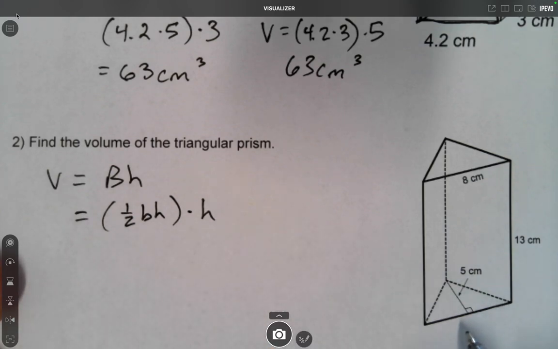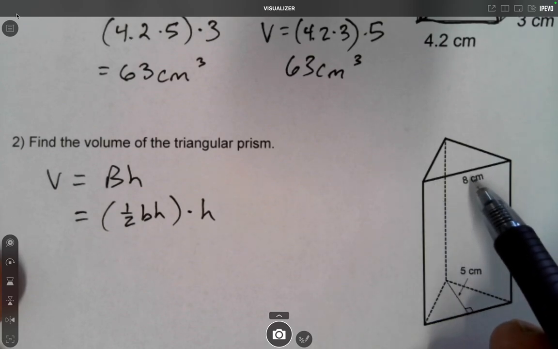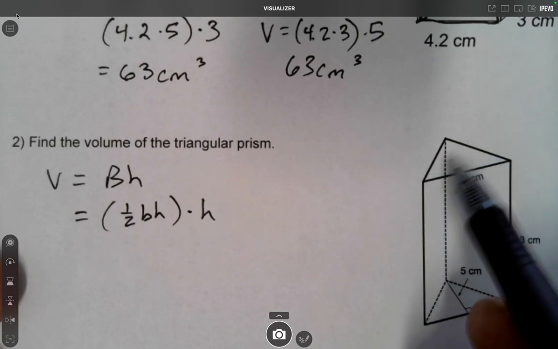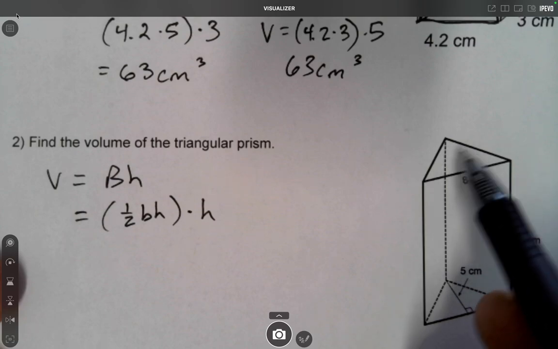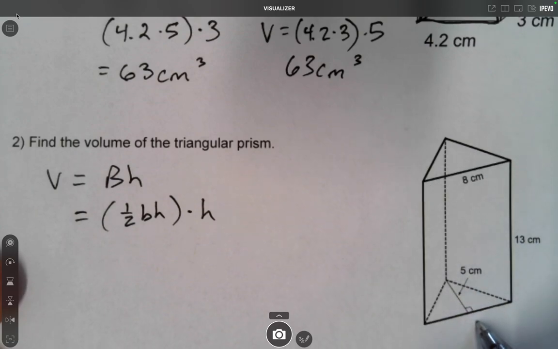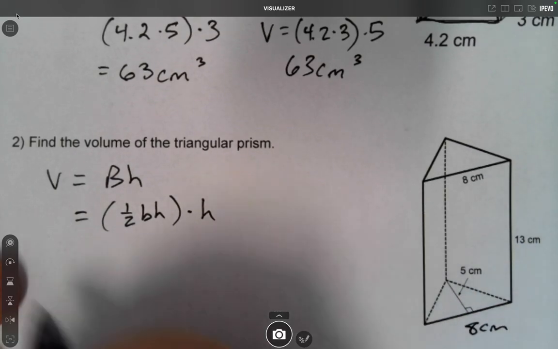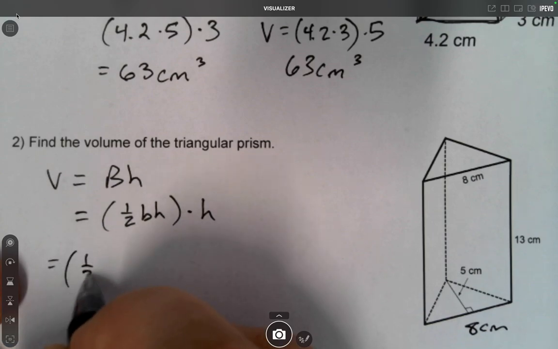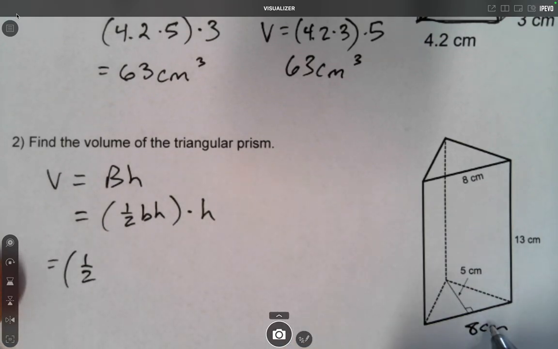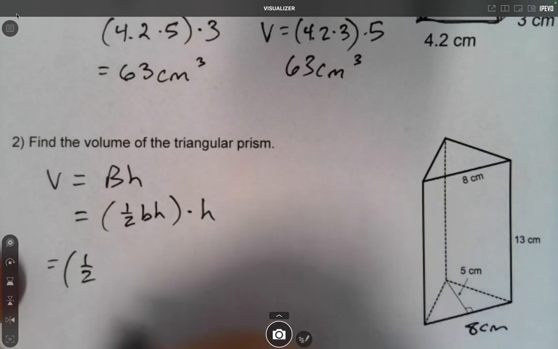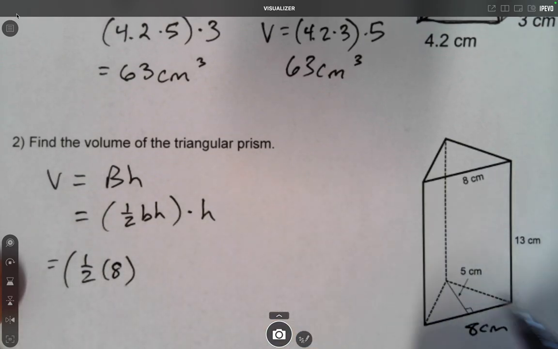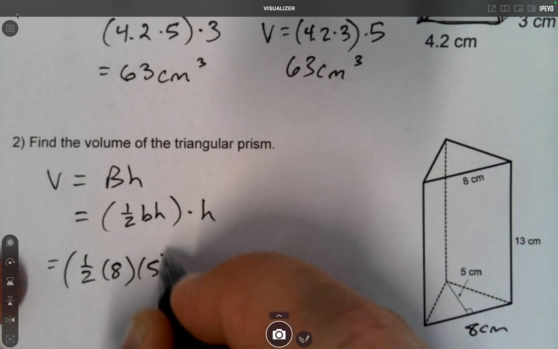So the triangle, they actually listed the base for us up here because remember that the bases are congruent. So if this up here has a base of 8, so does this one down here have a base of 8. So for the area of the base, which is a triangle, we'll do 1/2 times 8 times the height, which is 5.